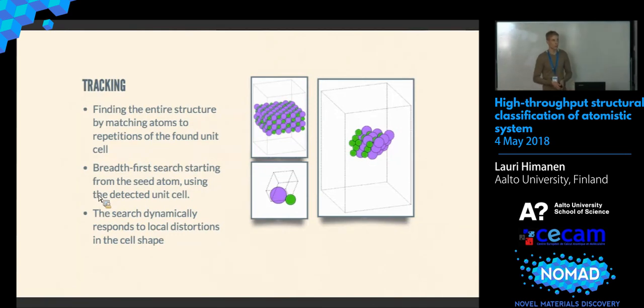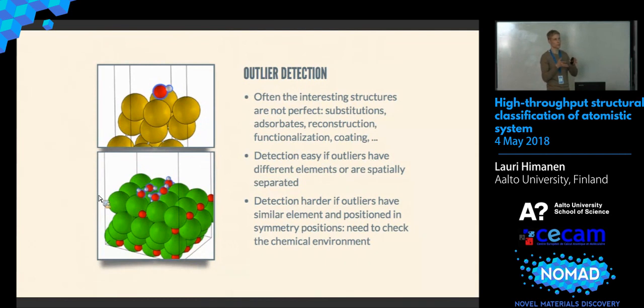Now comes the tracking. So now, if we start with a structure shown here, and we have found the unit cell by looking at a certain local region within the structure, we now want to, based on this prototype unit cell, find all of the atoms that belong to this underlying structure. And we do this with a simple breadth first search.